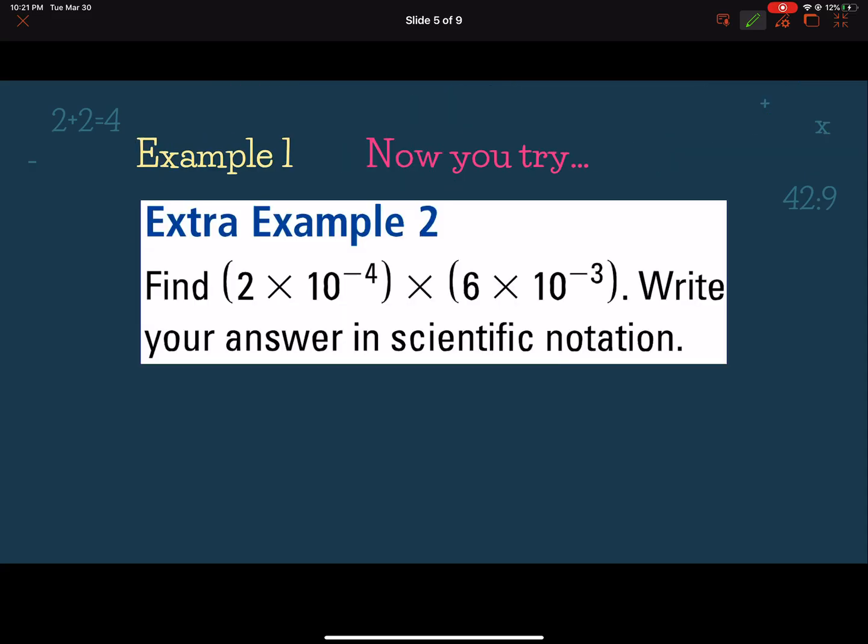Okay, so with me telling you that you can use a calculator, do this next example. 2 times 10 to the -4th times 6 times 10 to the -3rd in your calculator.